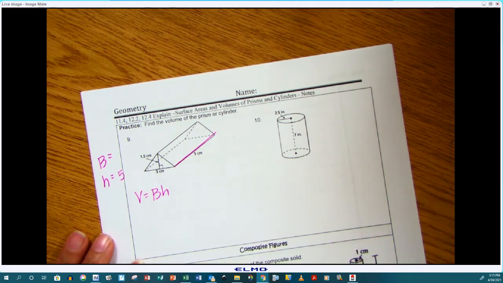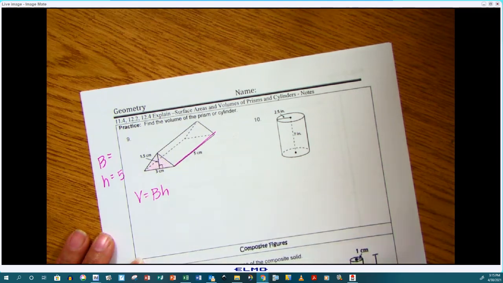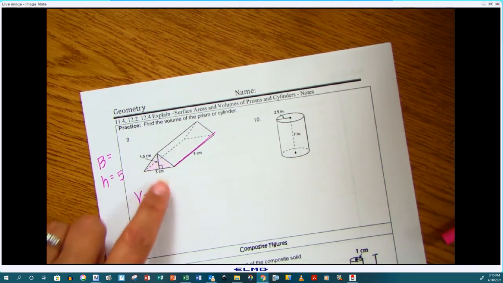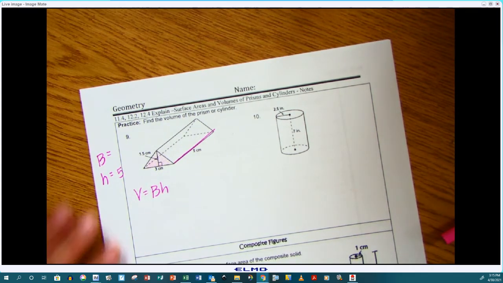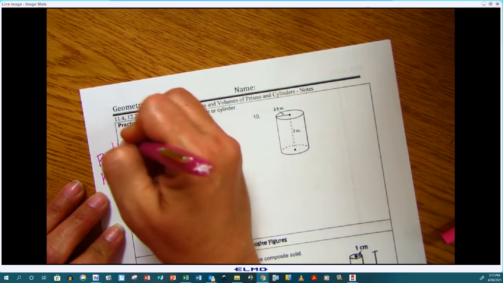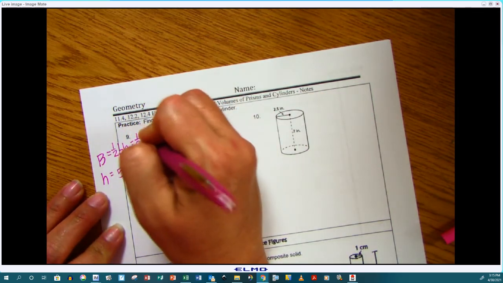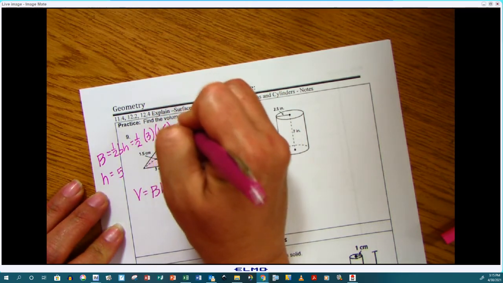In this particular problem, to find the area of the triangle, you're just going to do base times height because they're giving you the base and the height. So clearly you want to use the formula that makes it easiest. So 1/2 BH. The base is 3. The height is 1.5. Comes to 2.25.